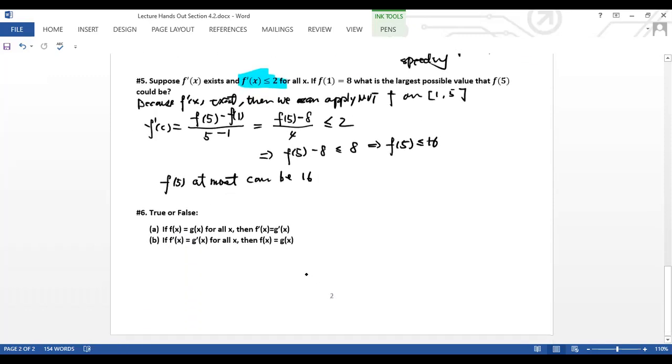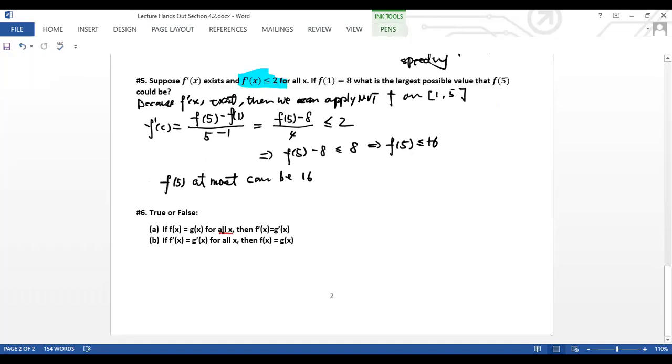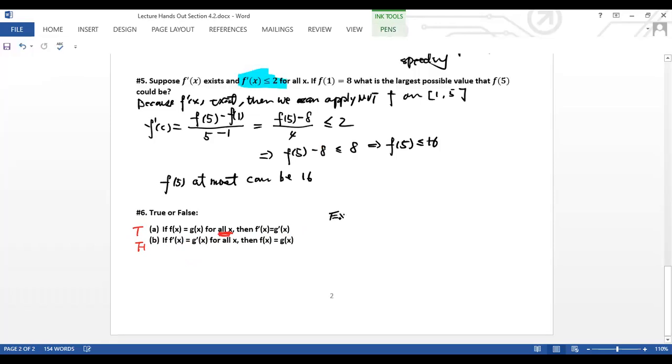Okay, the last one here, let's take a look. They said if f prime x equals g prime x for all x, then f of x equals g of x, is that true or false? So it's false. The reason why is, let me give you an example, right? So let's find a counterexample here.